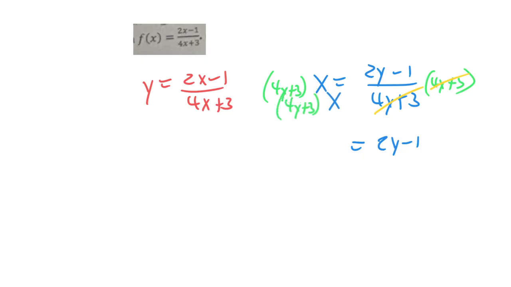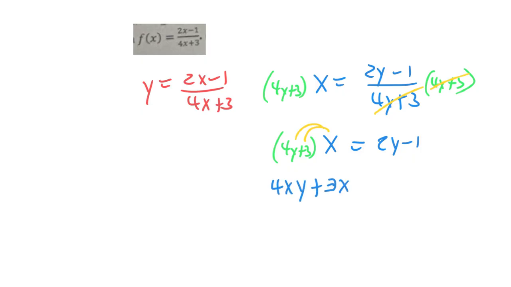But this right here is such that we can distribute, and believe it or not, we should, even though this can result in sort of an ugly situation. So we have 4xy plus 3x, and that equals 2y minus 1. Now let's remember, we are trying to get the y by itself, and in order to do that, you want all the terms that feature y on one side and all the terms that don't feature y on the other.